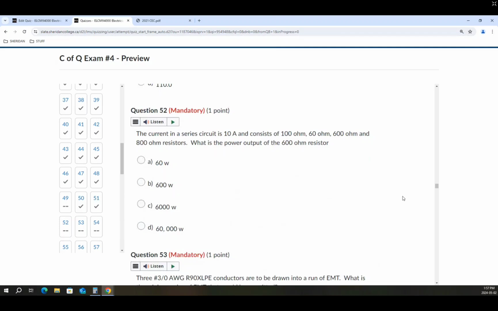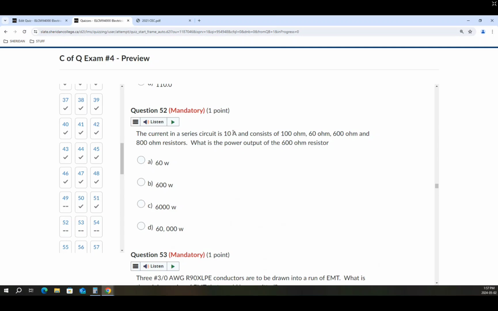Question 52. 60 ohms, 600 ohms, 800 ohms. What's the power output of the 600 ohm resistor?